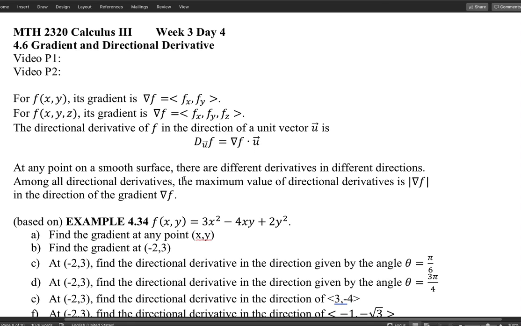And two more big things about the gradient. The direction of the gradient is pointing to the direction where the function has the maximum directional derivative. And also the magnitude of the gradient turns out to be exactly the maximum value of the directional derivative.